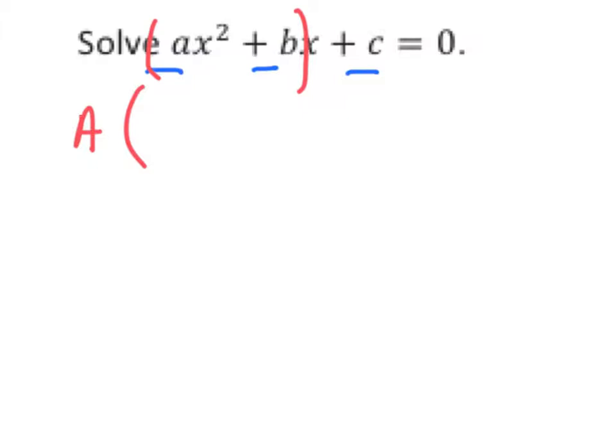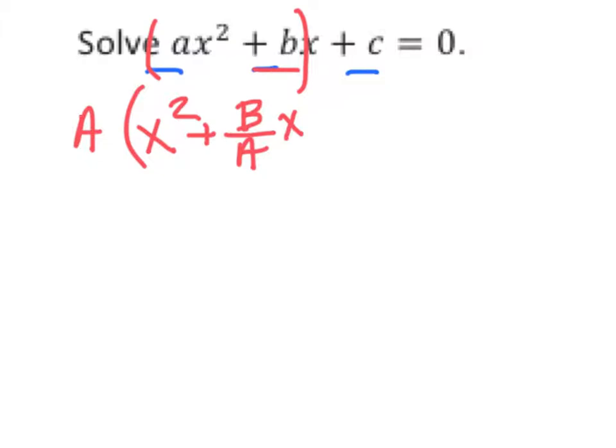That leaves me with x squared, and then what do I have to do to bx? Plus bx, and over what then? Over A, yeah, we have to divide this by the A that we factored out. So plus b over a, and then that would be an x beside it.